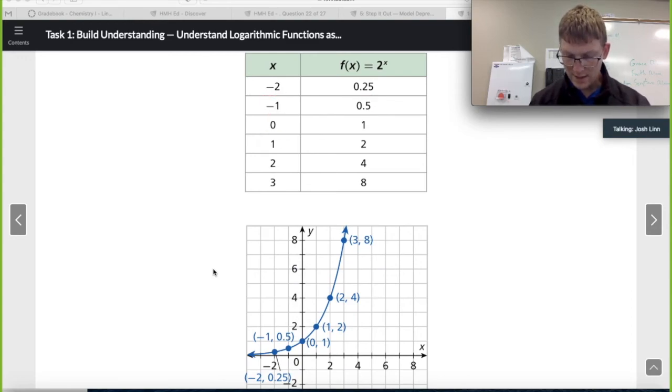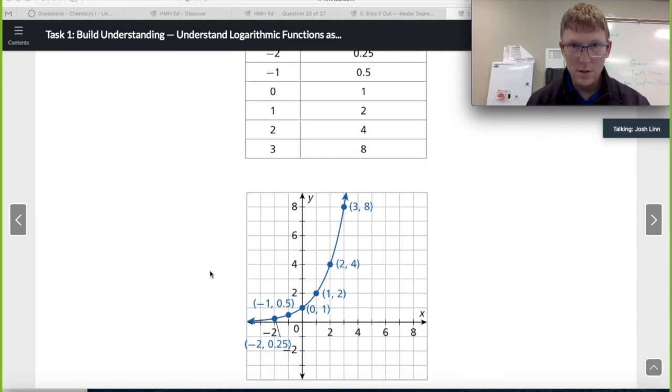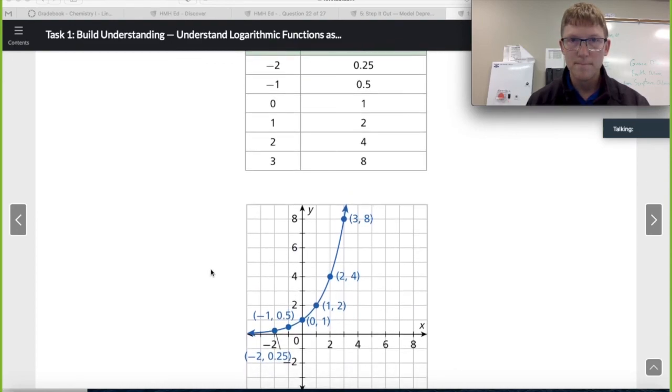So if I were to plot that out on the same graph in red, 0.25 is negative 2, it's going to be down here somewhere-ish. 0.5 is negative 1, again, ish.